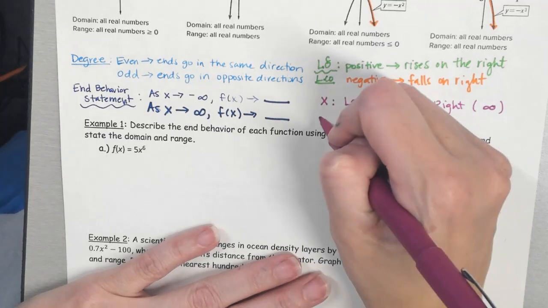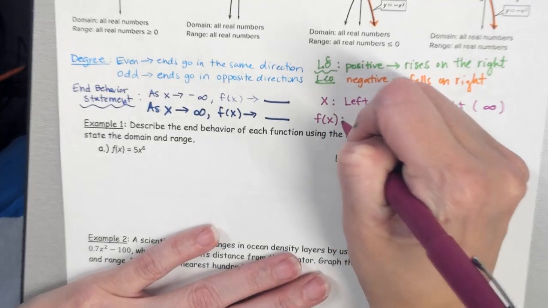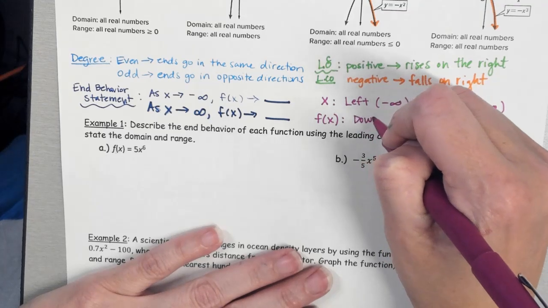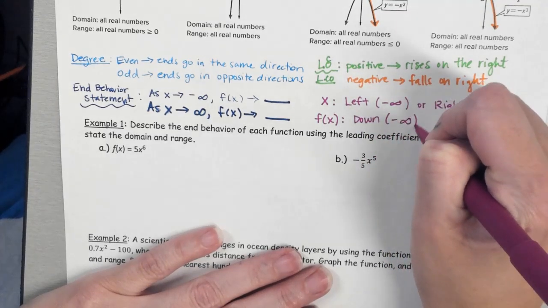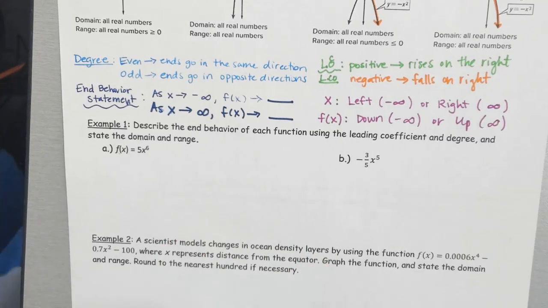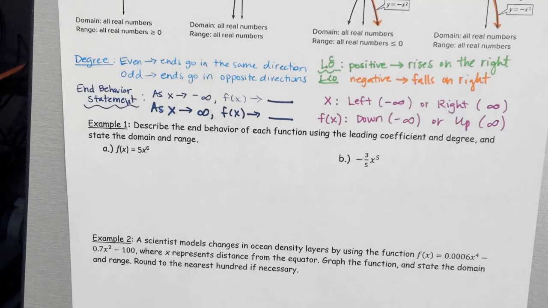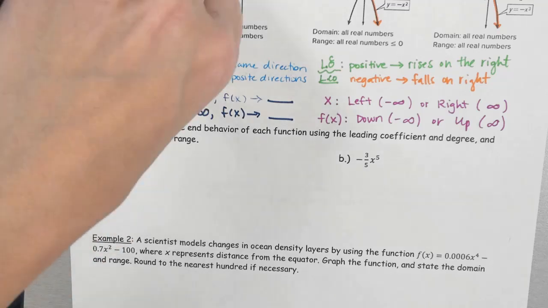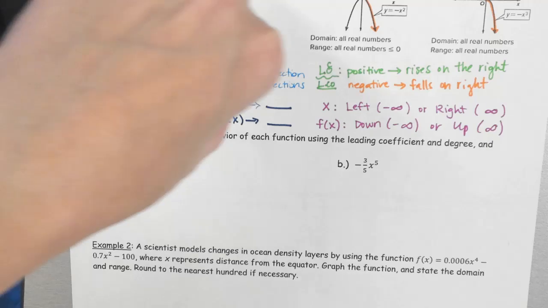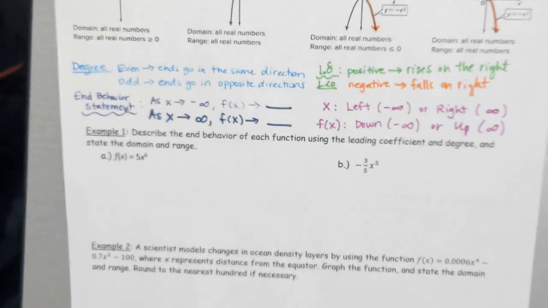If you're talking about f of x, then negative infinity means down, and positive infinity means up. Okay, so on the left side of the graph, where does the end go? Up or down? On the right side of the graph, where does the end go? Up or down?